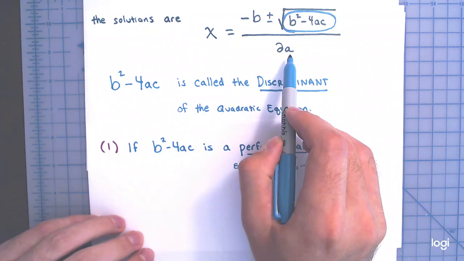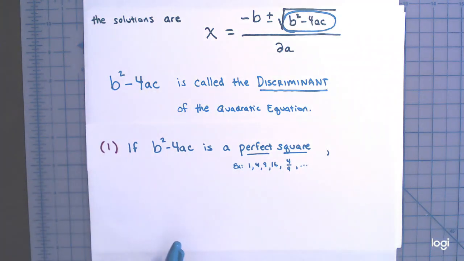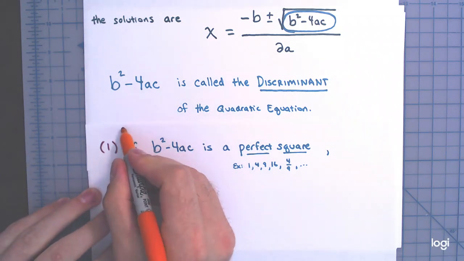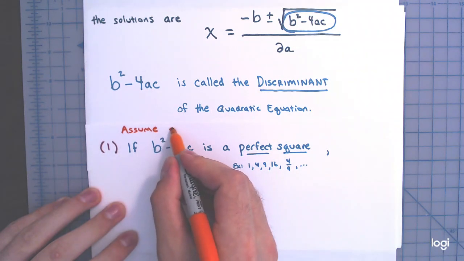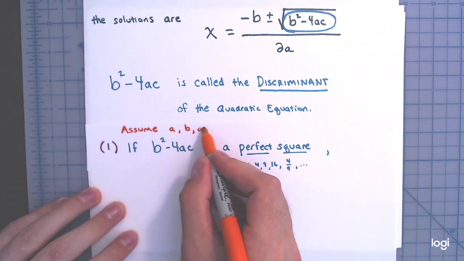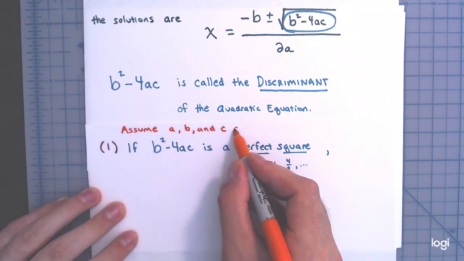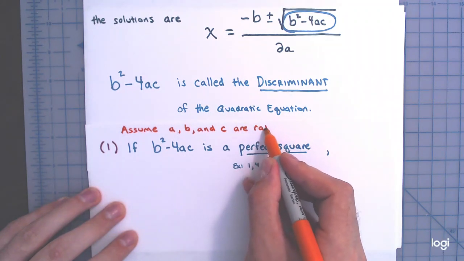So I'm going to be assuming here that a, b, and c are all rational themselves. I guess I probably should have put that earlier. We're assuming here that little a, little b, and little c are rational numbers themselves.